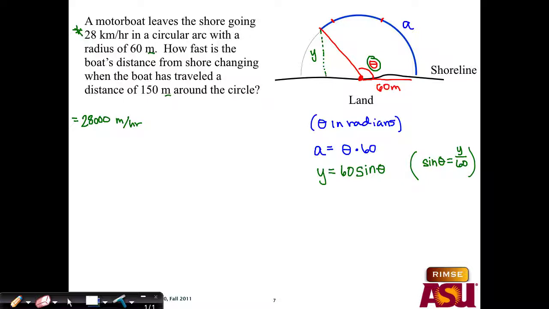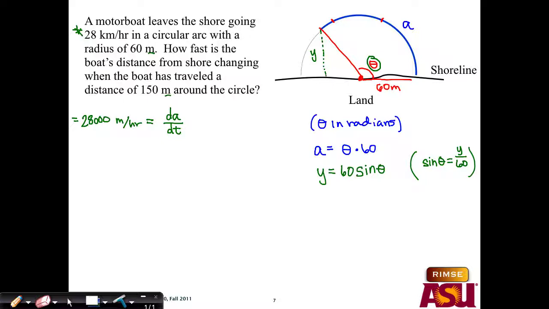It's related to this guy here, but this one's tricky because we've got two things that are kind of related. I know the rate of change of A, that blue curve with respect to time. It's 28,000 meters per hour. This number here is the rate of change of A, that blue arc, with respect to time. Now, it's only valid for a little bit because then the boat runs into the shore.